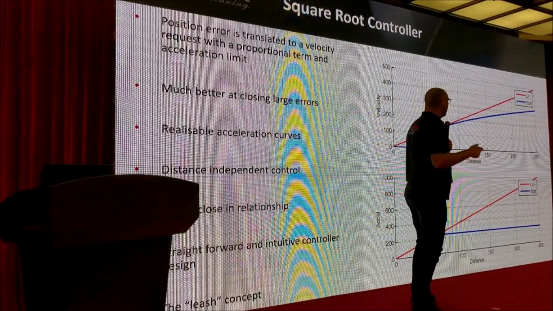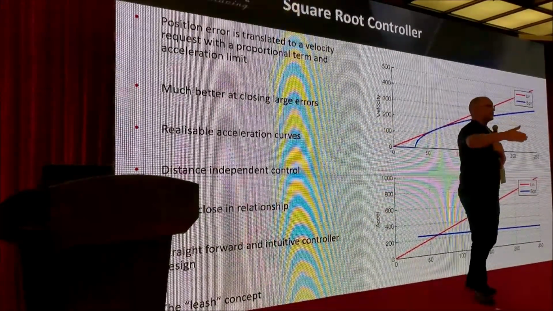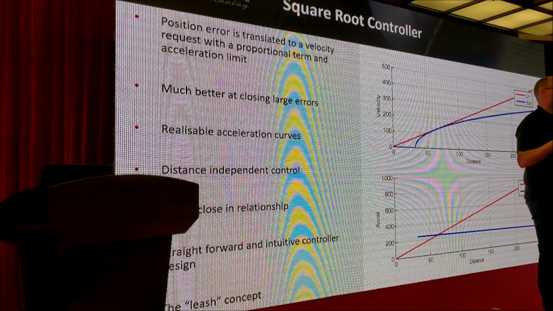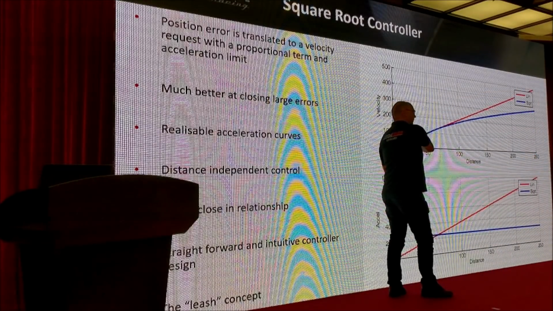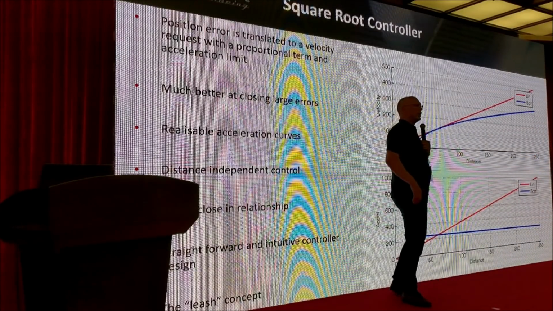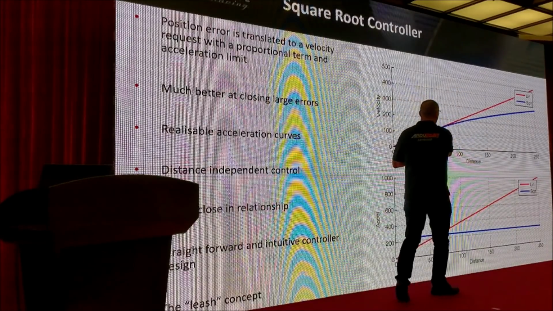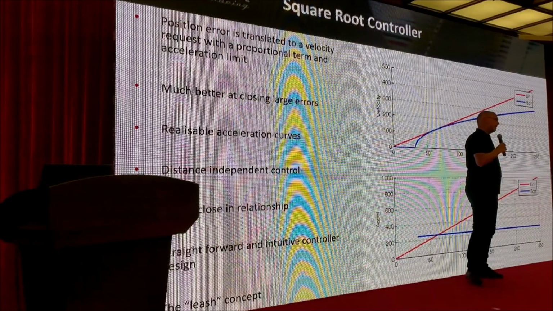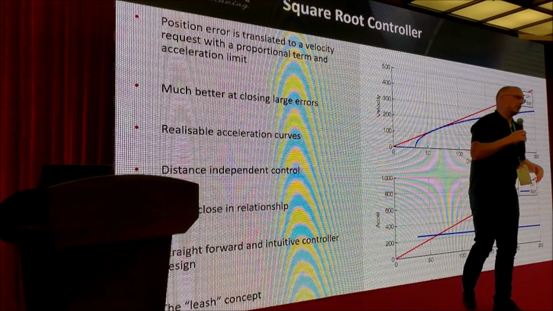Now a PID loop assumes that the distance to stop is proportional to the velocity. So for small errors, everything's fine, everything's easy. But for bigger errors, you very quickly get to a point where your acceleration is more than what your aircraft can achieve.